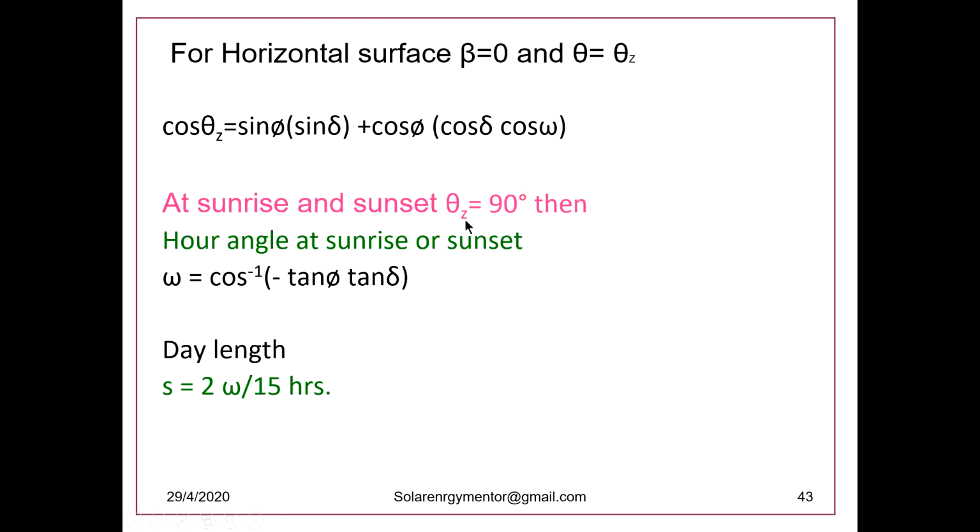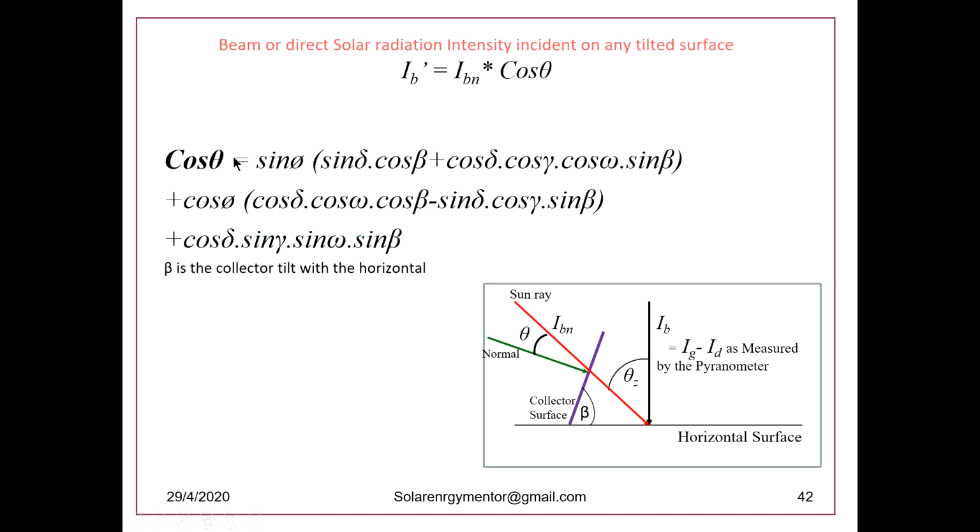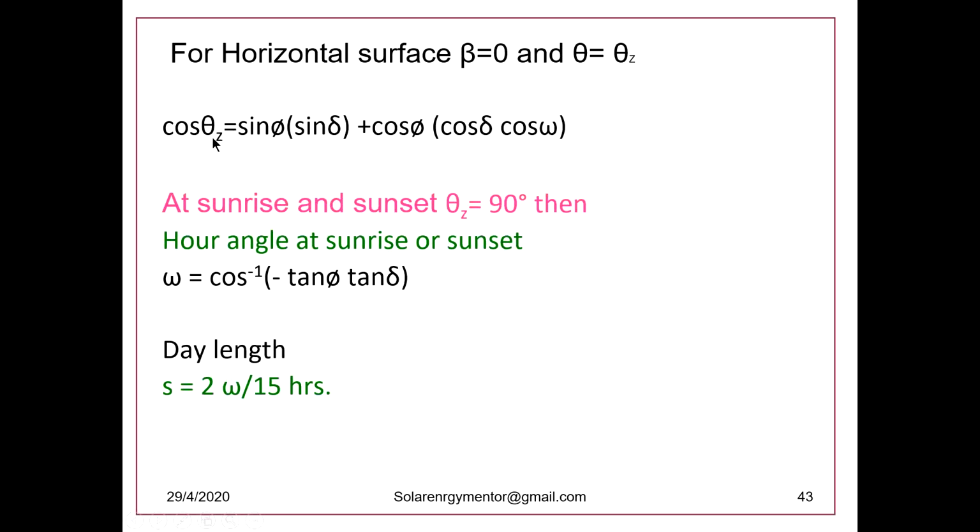If you substitute theta z equal to 90, so cos 90 equal to 0, then sin phi sin del plus cos phi into bracket cos del cos omega is equal to 0. So omega comes out to be equal to cos inverse of minus tan phi tan del. So this will give you the value of hour angle at sunrise or sunset.